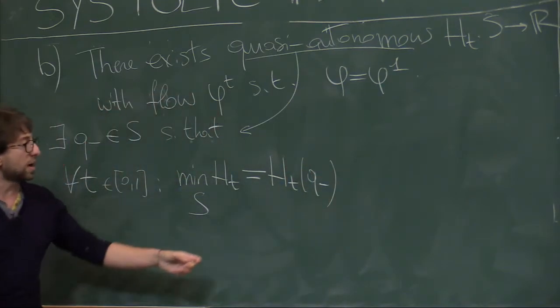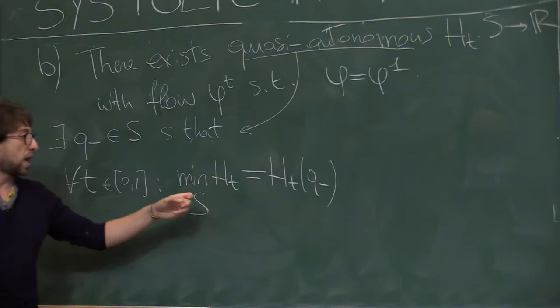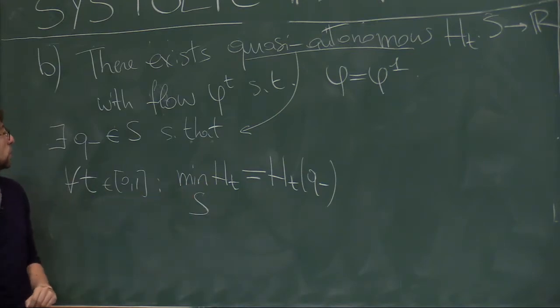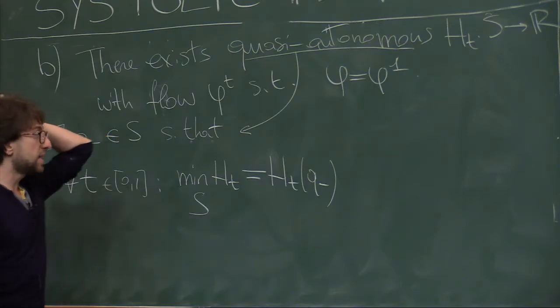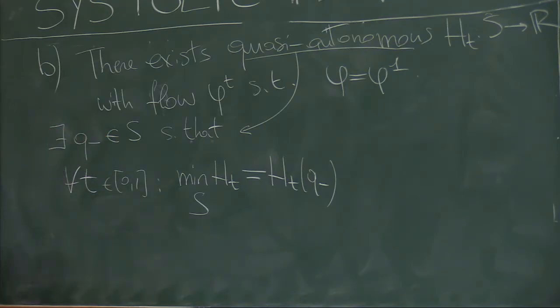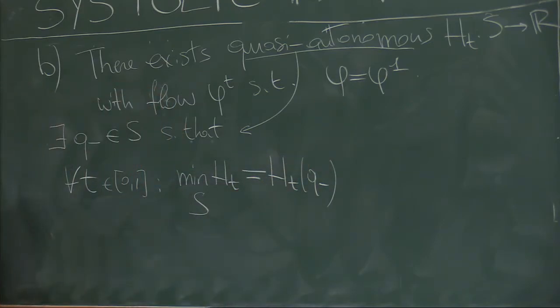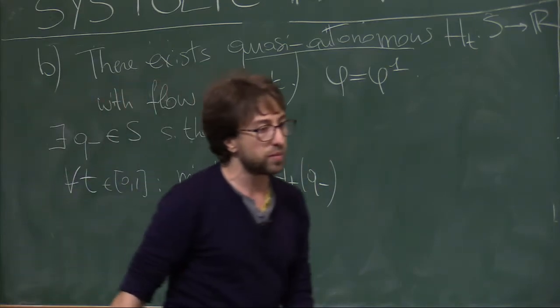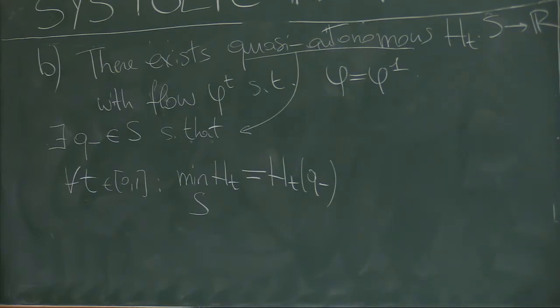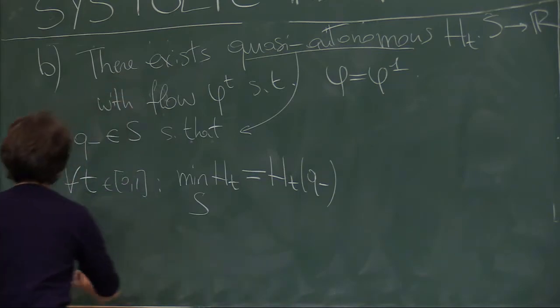So this Q minus is for every t a minimizer of the Hamiltonian. Okay, so this is the key property. And then classically, in order to get such Hamiltonians, one uses the Weinstein neighborhood theorem for symplectic manifolds. So how do we get this? So how?